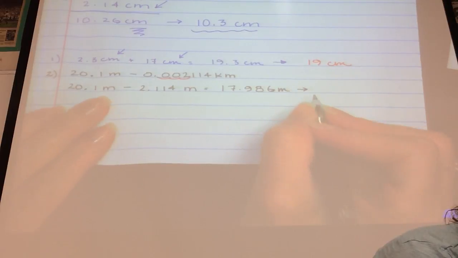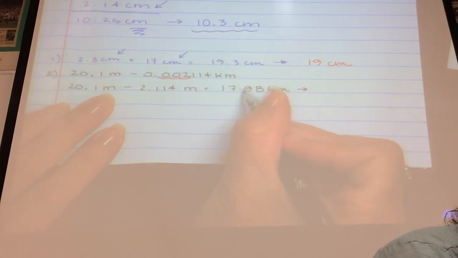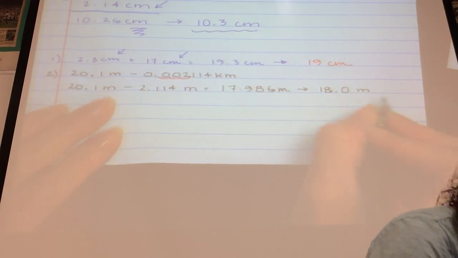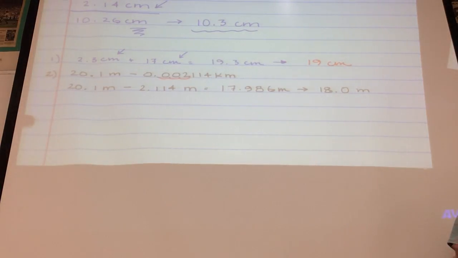But we said we wanted one decimal place. Now you have a 9 followed by an 8. You've got to round that up, and you get 18.0 meters. Do you understand the one decimal place for the answer? Do you understand the rounding? Okay, good. You're doing really well.